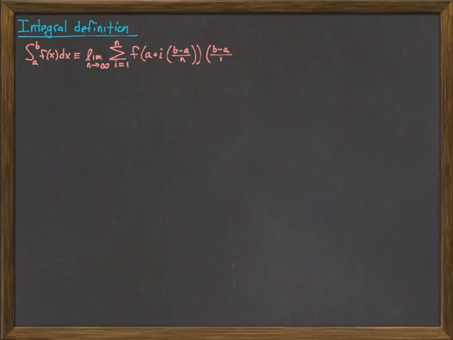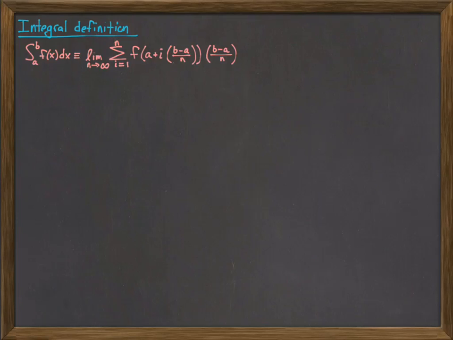The proper definition of a definite integral from a to b of f of x dx is this: the limit as n goes to infinity of a sum of f of (a plus i times (b minus a) over n) times (b minus a) over n.